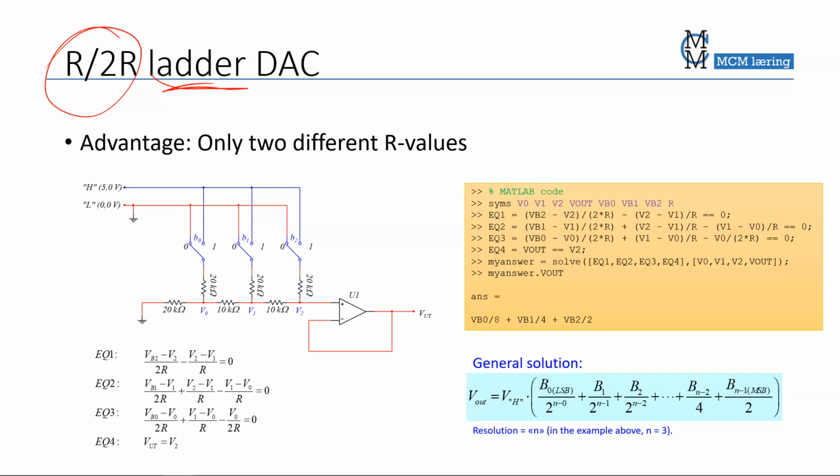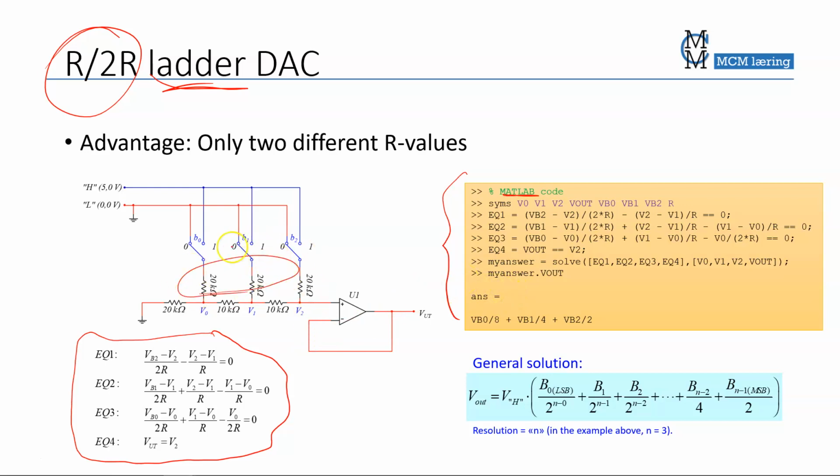I will not go through in detail how I solve this, but basically I use the basic rules of circuit analysis and get 4 equations, which I, in this case, chose to solve using MATLAB. And in this case, with 3 resistors, 3 binary values, I get this as an equation. And you see, you get the binary voltage value divided by 8, divided by 4, divided by 2.